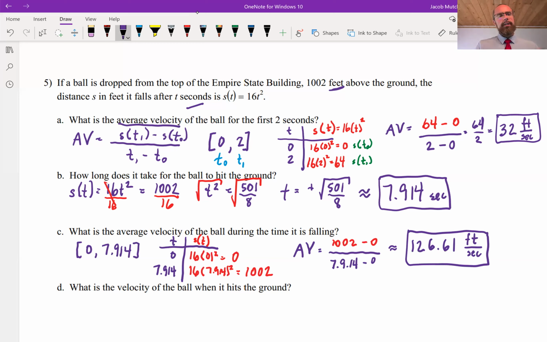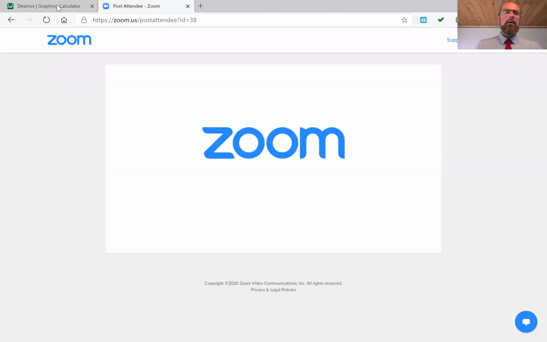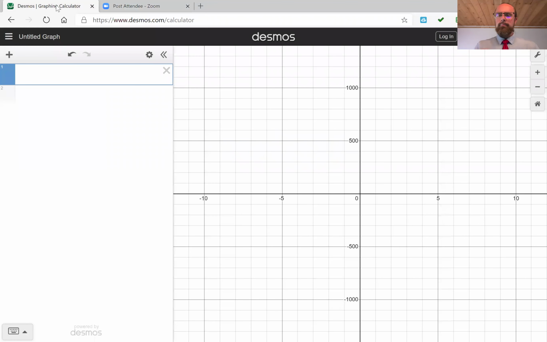Let's just look at Desmos really quickly to investigate that graphically. So I want to just check and see what that means in terms of the scenario and the function on a graph. So let's share the screen and we'll go to Desmos. I want to graph the function itself. So I've got the plane scaled here.